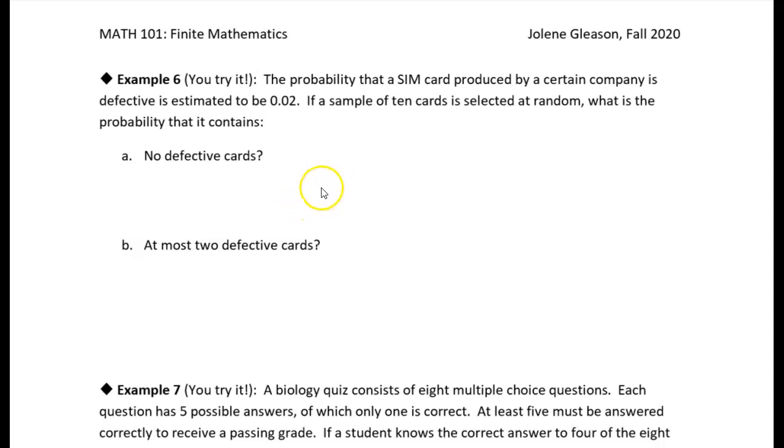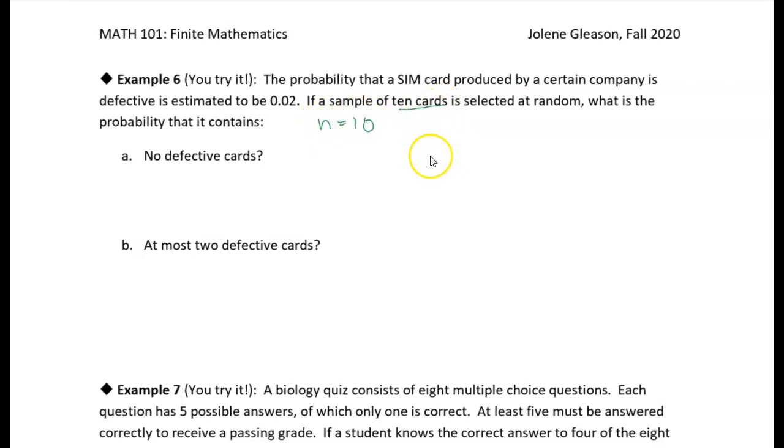All right, so first of all, this is probably a Bernoulli experiment or a binomial experiment, right? Because that's what we're studying right now. But we can check, right? Do we have 2 possible outcomes? Yeah, we have a fixed number of trials because we're selecting 10 cards, so our n is equal to 10. We have 2 possible outcomes.